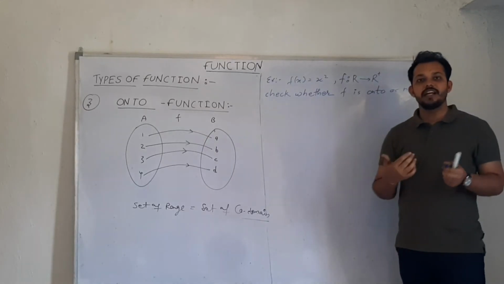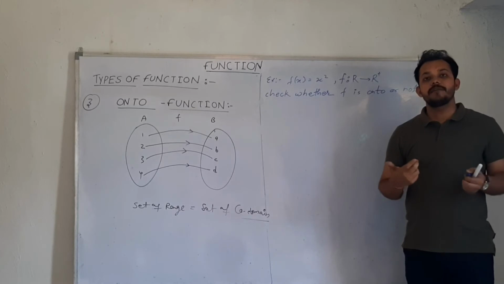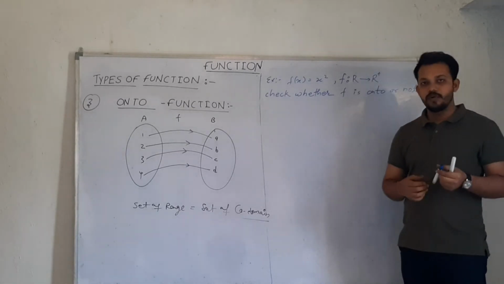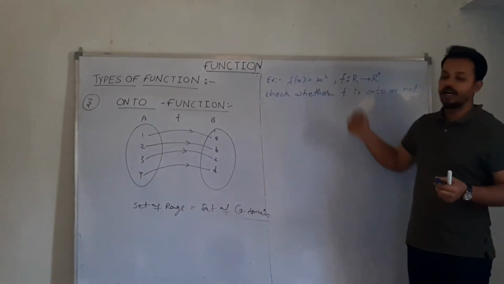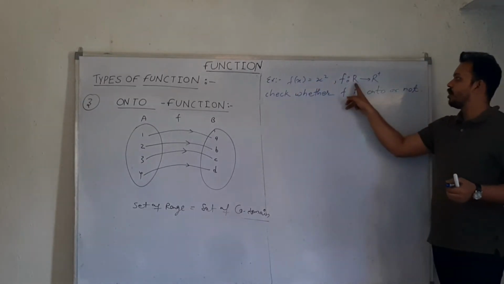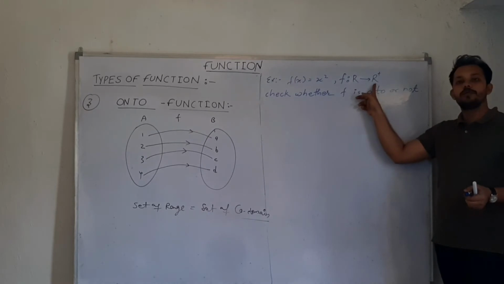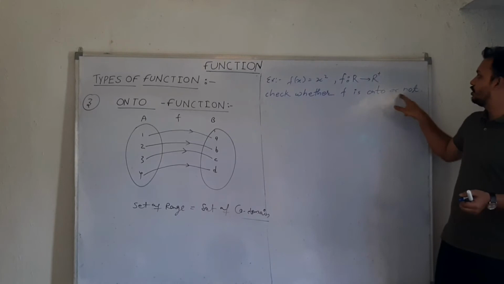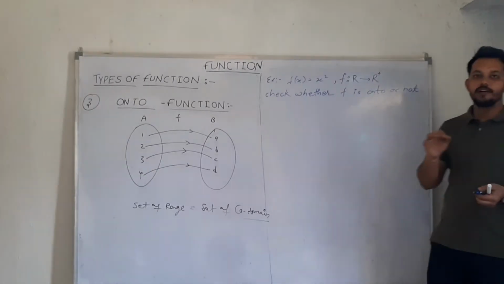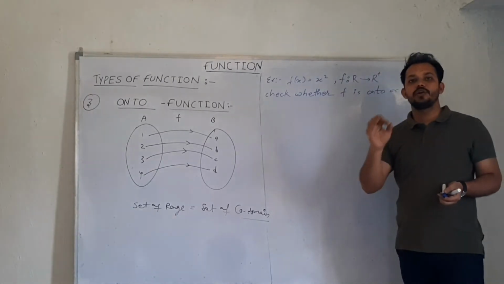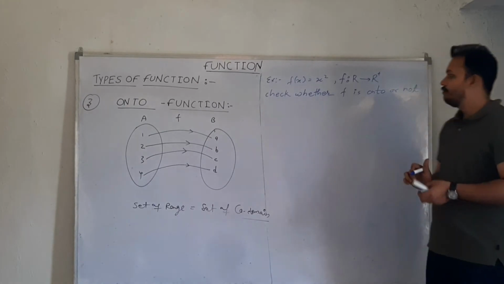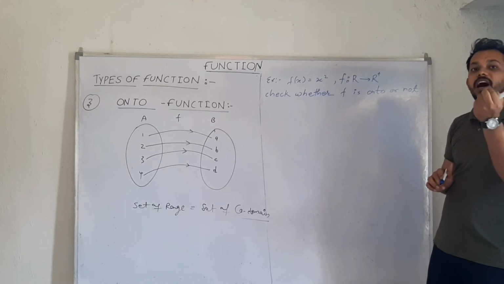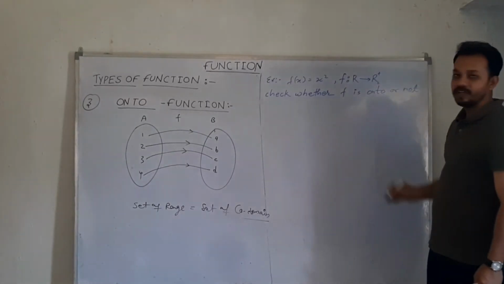Here we will understand the working rule to check whether the given function is onto or not. Suppose we have a function f(x) is equal to x square, which is defined from real numbers to positive real numbers. Check whether f is onto or not. The working rule to check an onto function says that we have to take one element from the codomain, that is R plus.